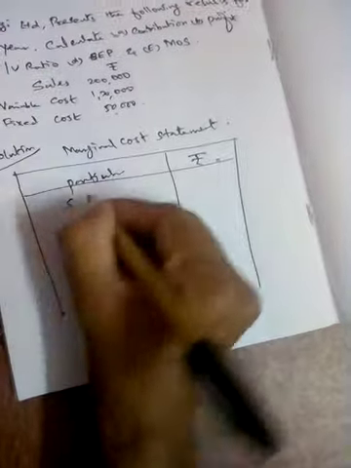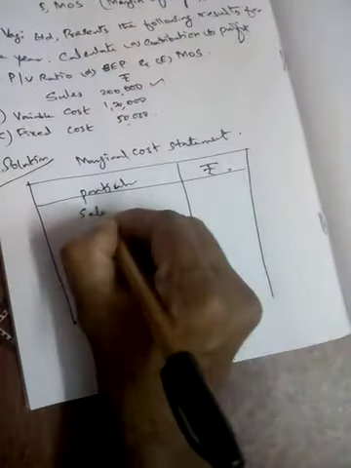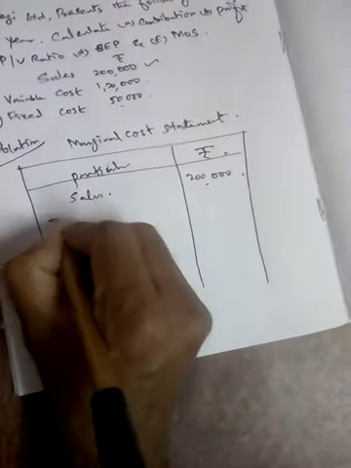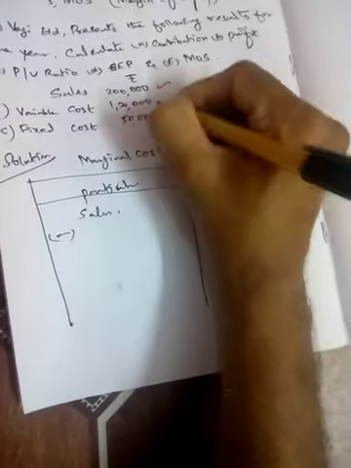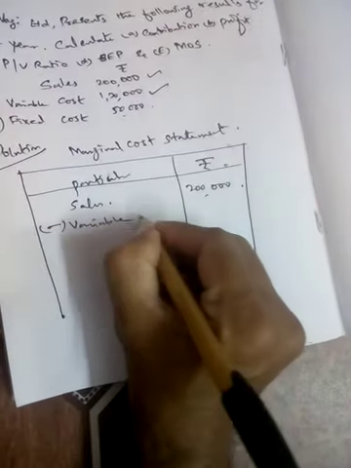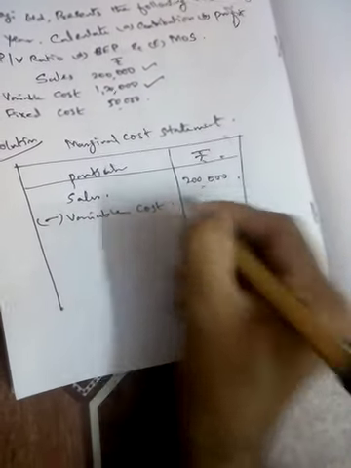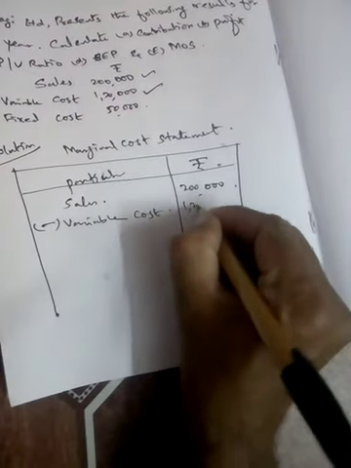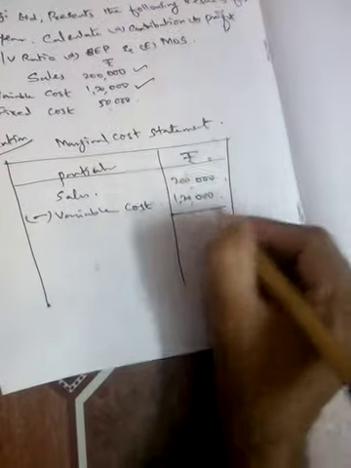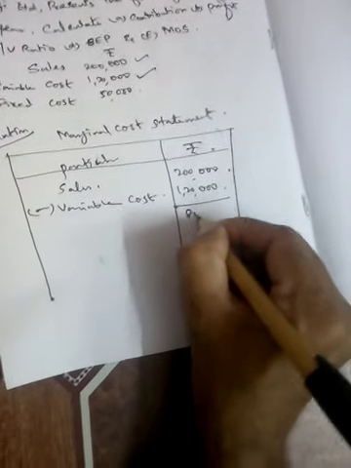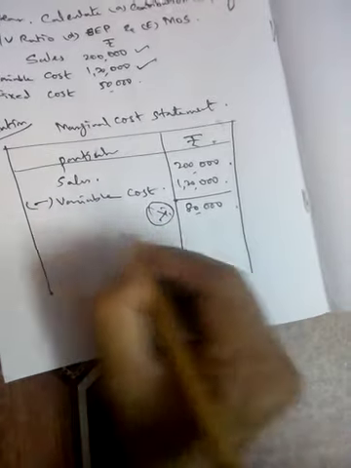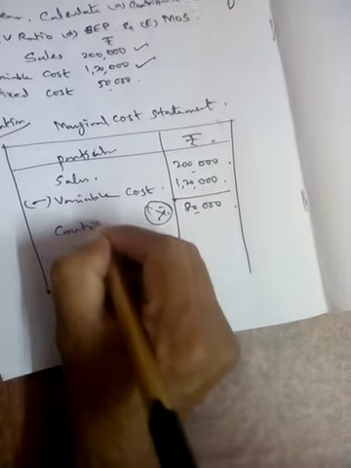First we have to take the sales, that is 2 lakh rupees, then deduct the variable cost from the sales, that is 1,20,000. In the question itself they have given it. If you deduct, you get 80,000. So this 80,000 is nothing but contribution.